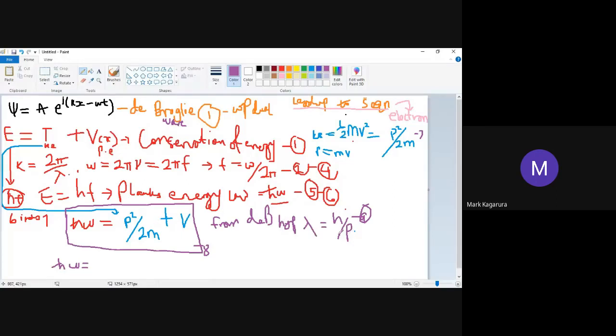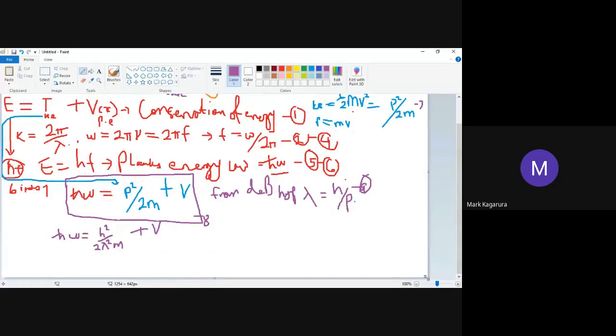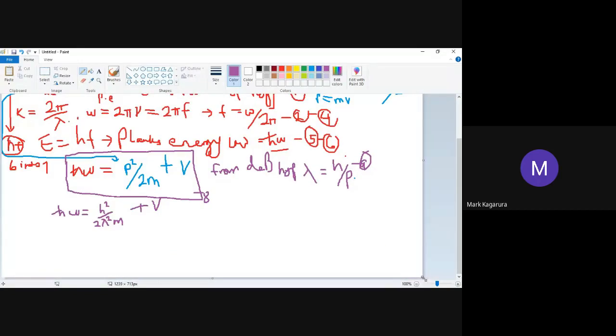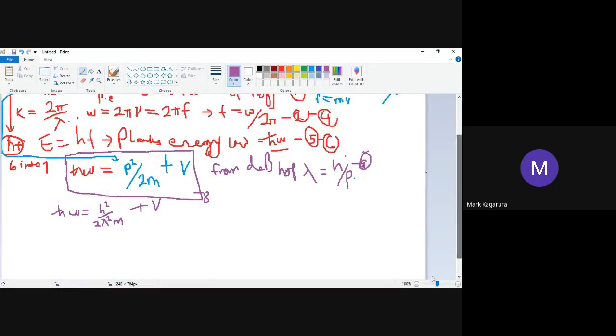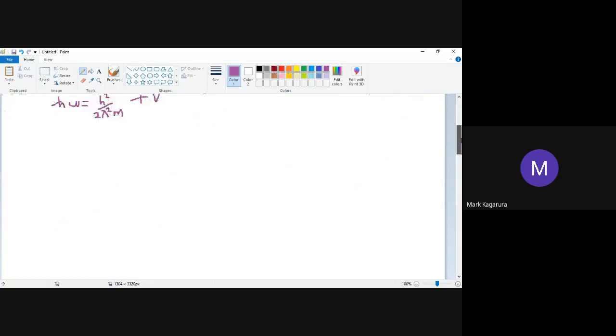So ħω is equal to, p is h over lambda, so it will be h squared over lambda squared times 2m, plus V. Let me take advantage of the infinite scroll. Let's zoom back.